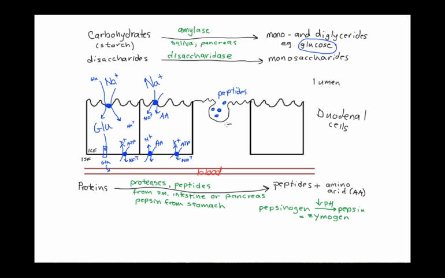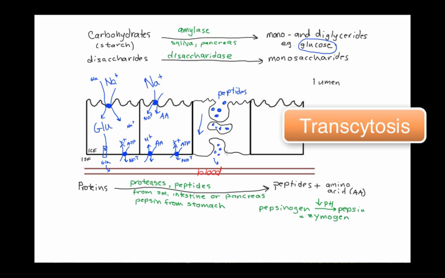And then we have them as a vesicle in here, and then they will leave by exocytosis. So here we've got that vesicle moving across the cell, and then these peptides are released by exocytosis. So this whole process is called transcytosis, where we have endocytosis of these peptides. They move across the cell, so it's a directional movement, and then we have exocytosis of these on the other side.